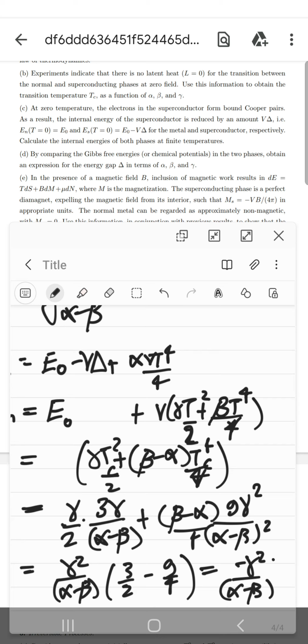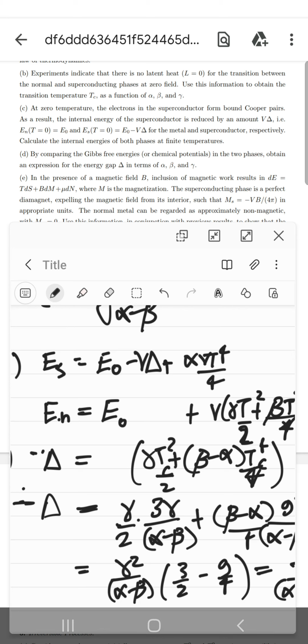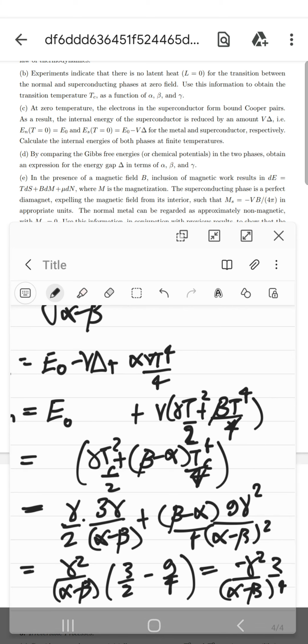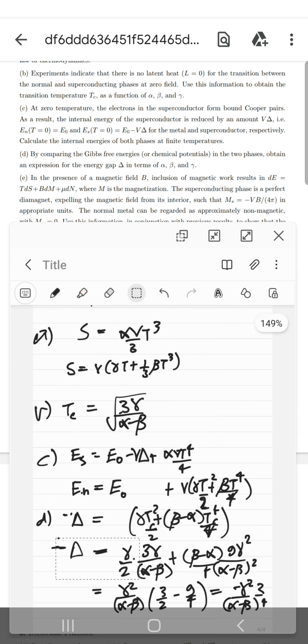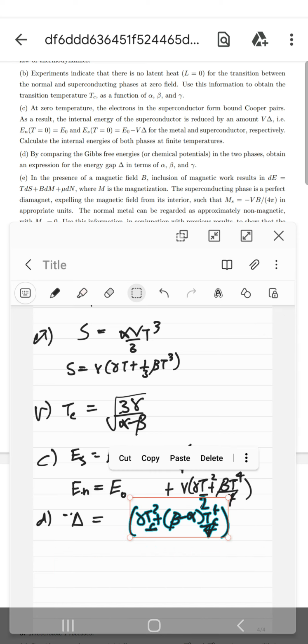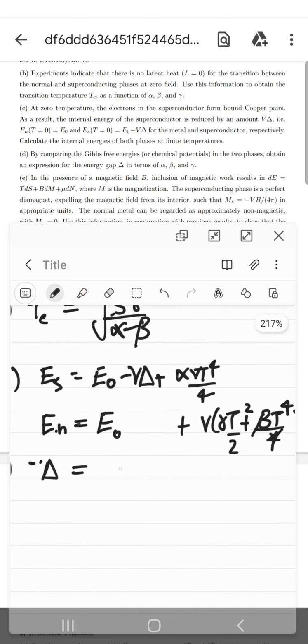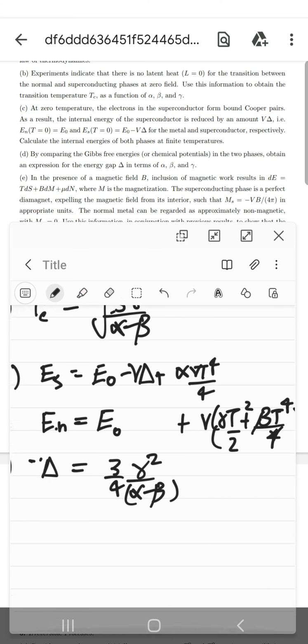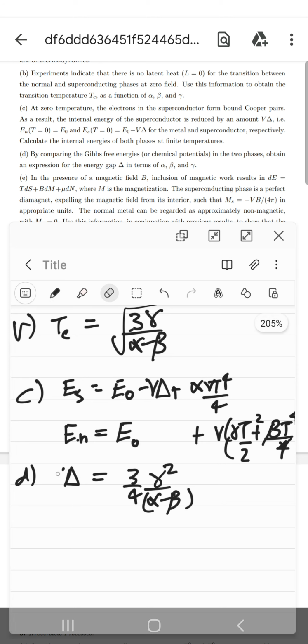So essentially delta is 3/4 of gamma squared upon alpha minus beta. Yep, that's good. Not negative delta, just positive delta.